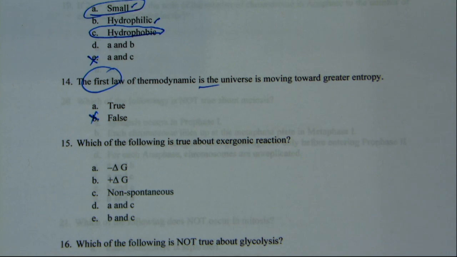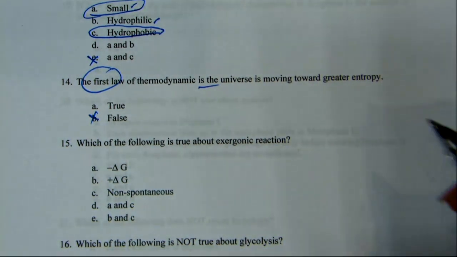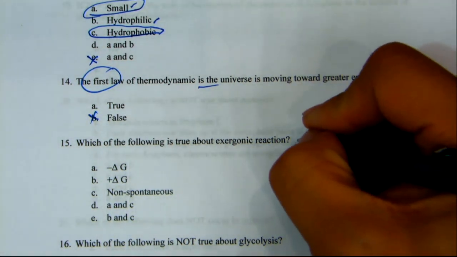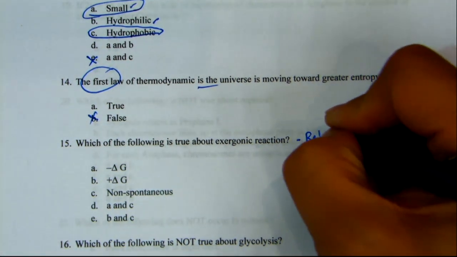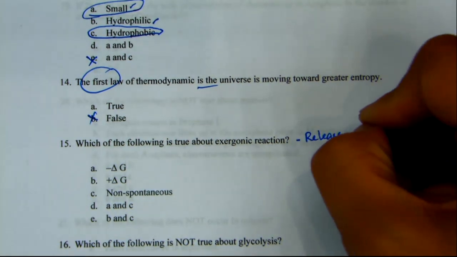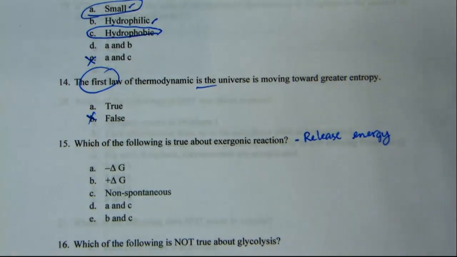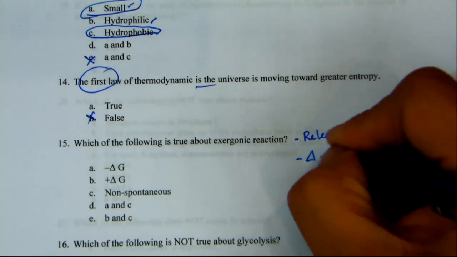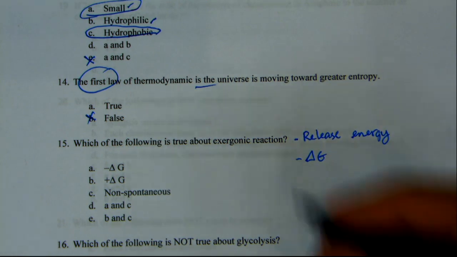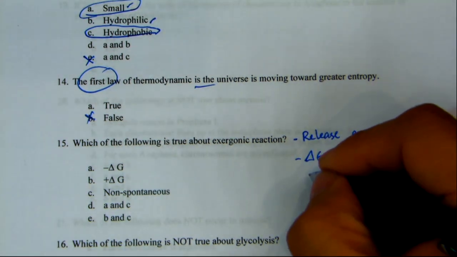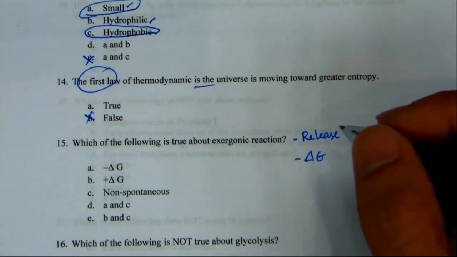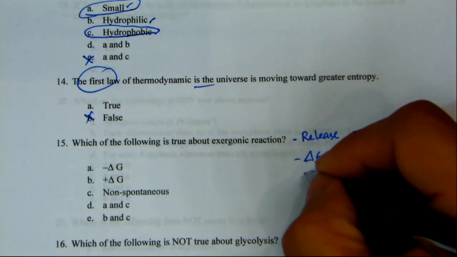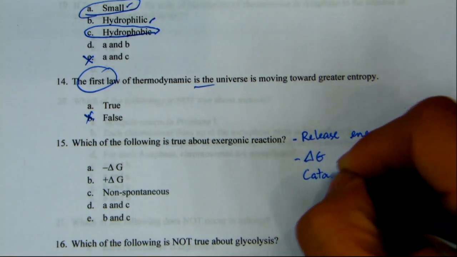For 15, which of the following is true about exergonic reaction? Okay, so what do we know about exergonic? Exergonic is basically releasing energy, so delta G is negative. If we have a negative delta G, we know that this is going to be catabolic.